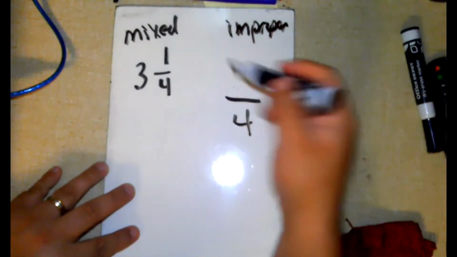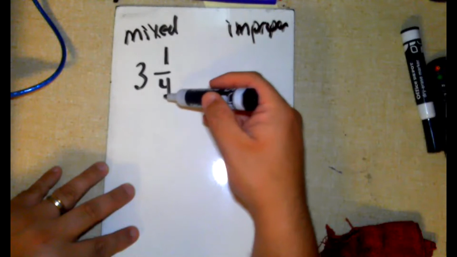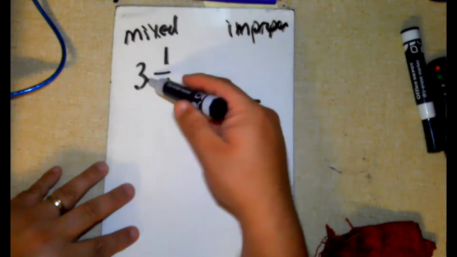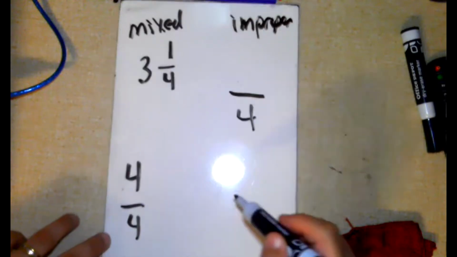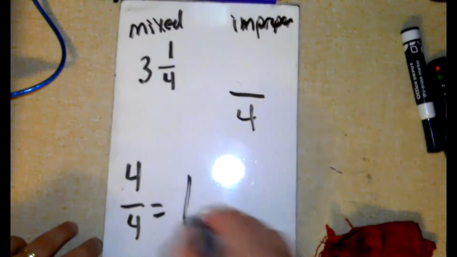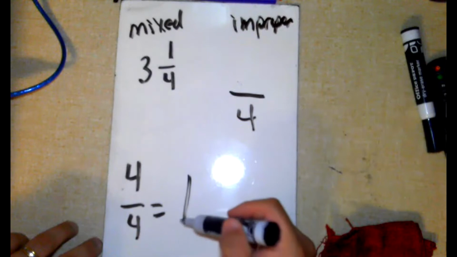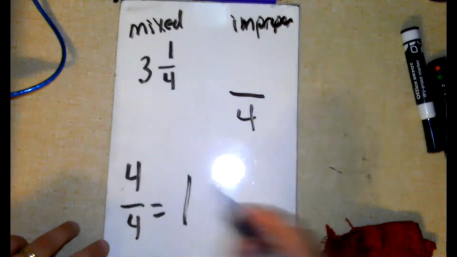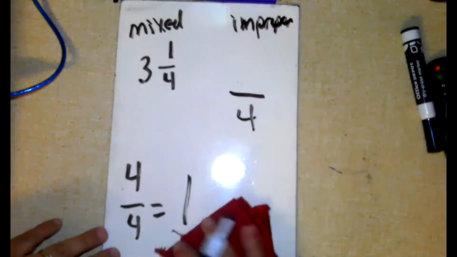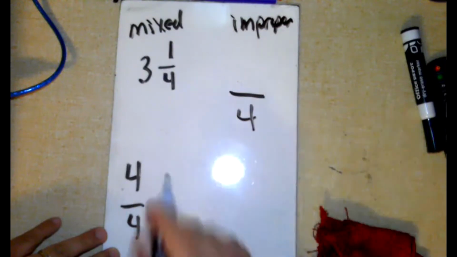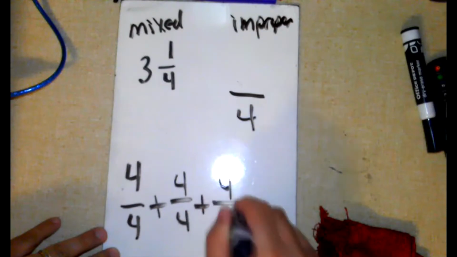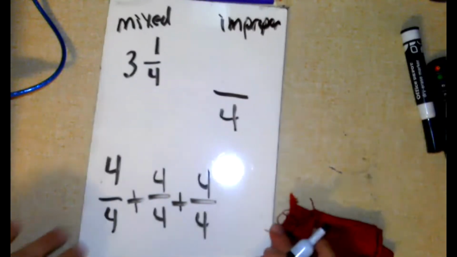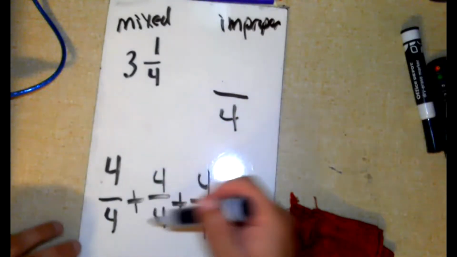So how many 4/4 do we have here? We have 3 of them. Remember, 4 over 4 equals 1. But we don't have 1, we have how many? 3. So this is the same as doing 4/4 plus 4/4 plus 4/4. Each is the equivalent fraction of 1.